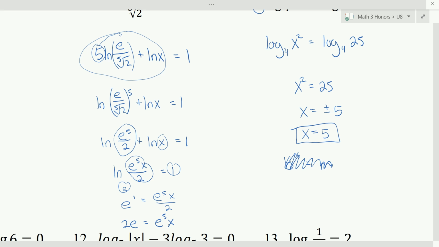I don't want the e to the 5th. Divide by e to the 5th. And we get x is 2e over e to the 5th. Can I reduce that? What's the answer? 2 over e to the 4th. Okay.